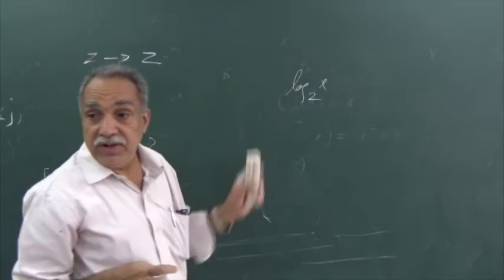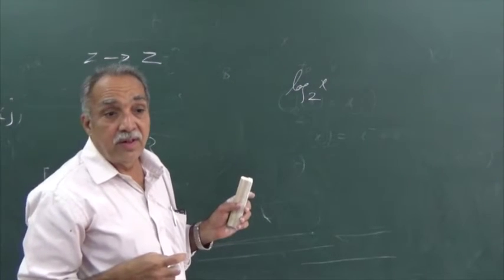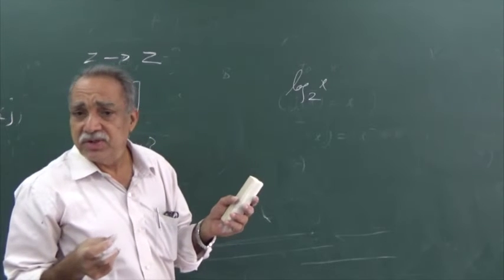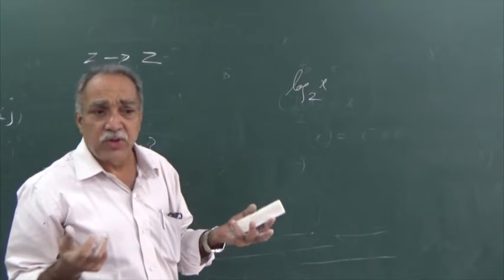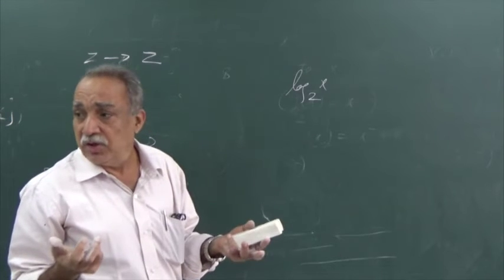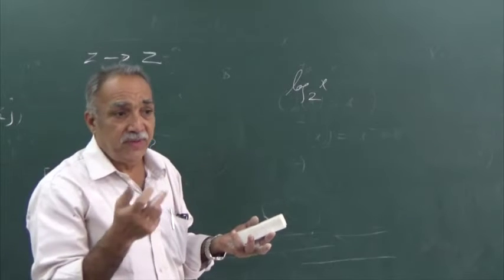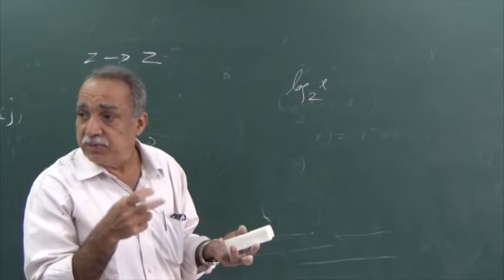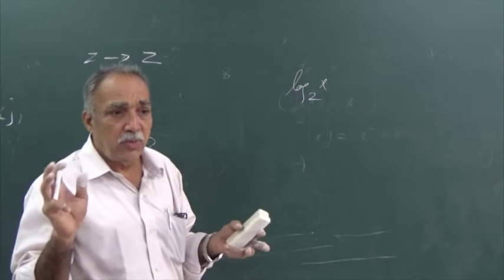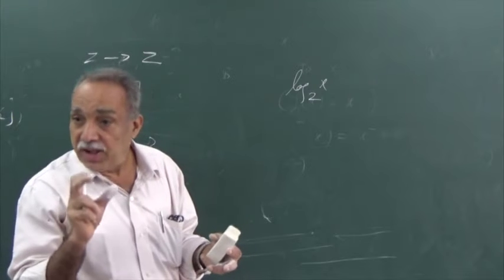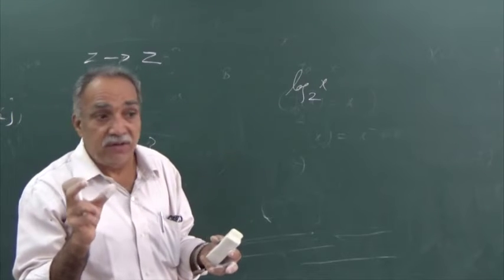Is this function 1-1? Yes. For different numbers, you get different logarithms. There are no two numbers having the same logarithm. The domain may be different, it is not R to R, it is from 0 to infinity to R, no problem. When defined, do there exist different numbers having the same image?